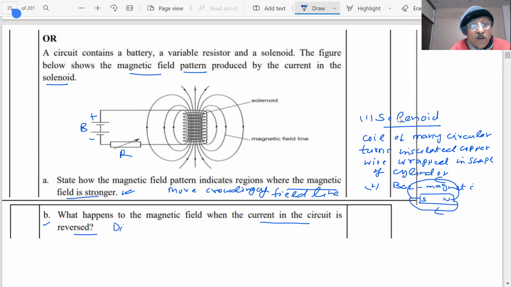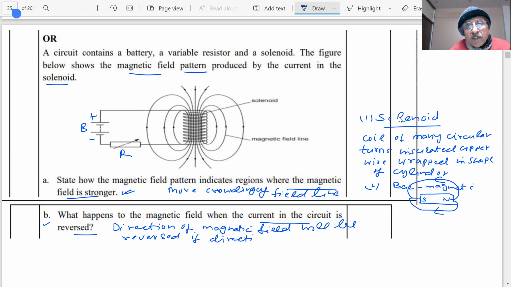So the direction of the magnetic field will be reversed if the direction of current is reversed.